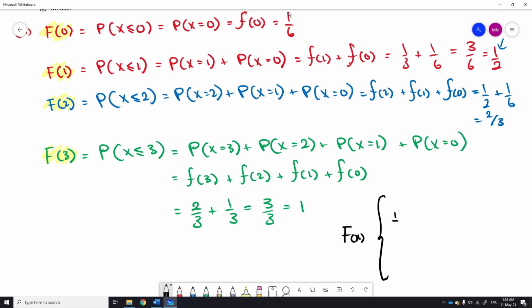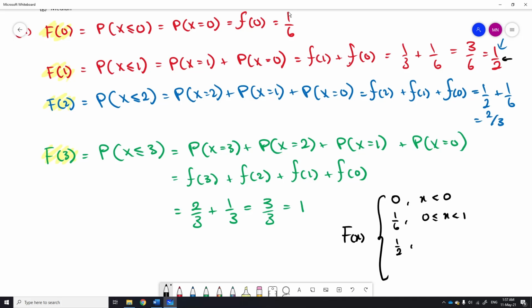So that is 1 over 6 for the region 0 less than or equal to x less than 1, because we have to start with 0 right over here where x is less than 0. So then we have to move up where x is bigger or equal to 0 until 1. So then after 1 over 6 we have 1 over 2 for f1.